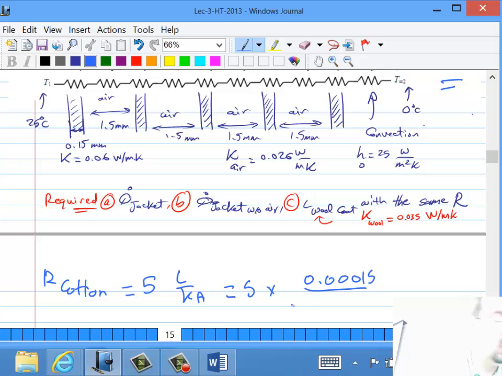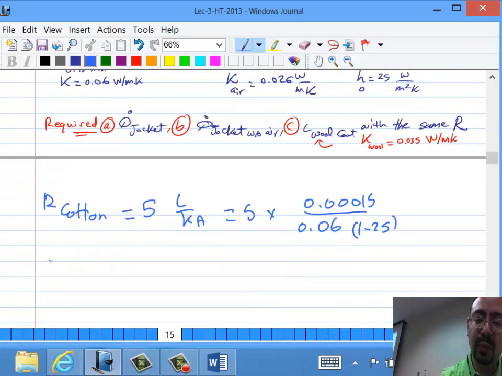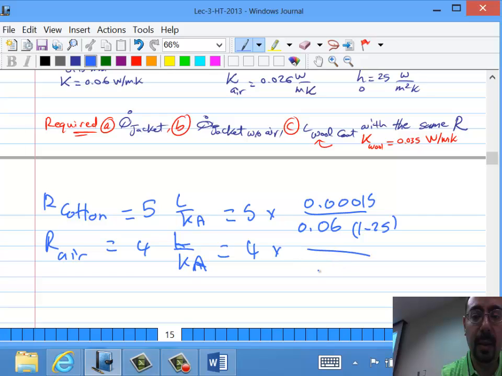And R air is basically 4 times L over KA of the air, so that is 4 multiplied by 1.5 over 0.026, 1.25.